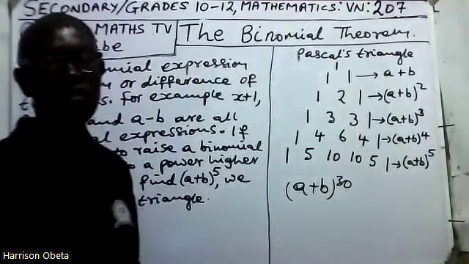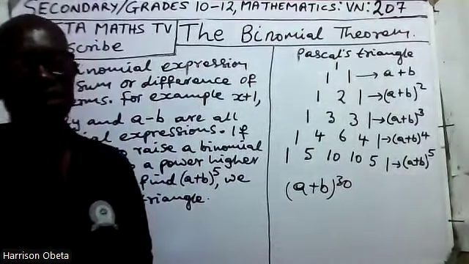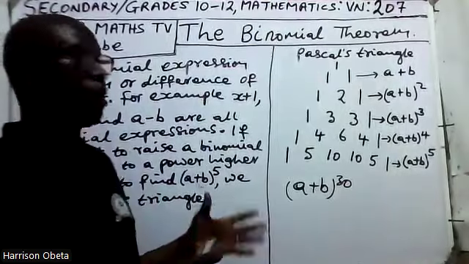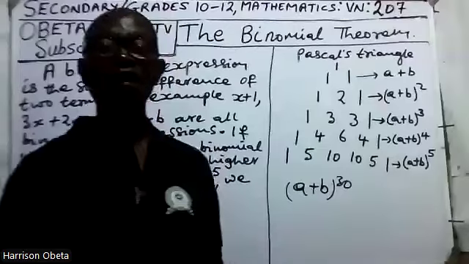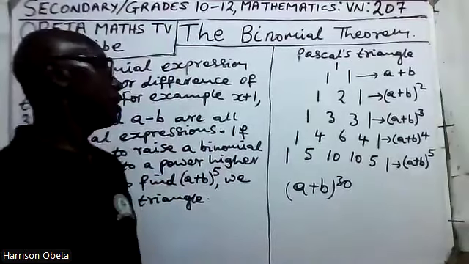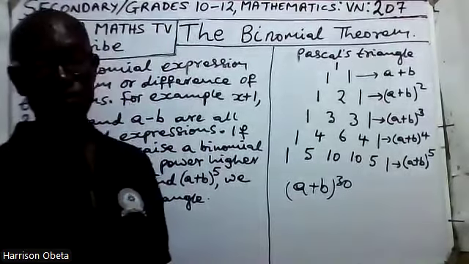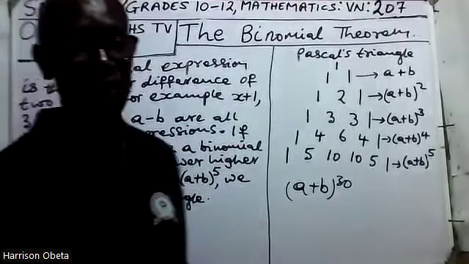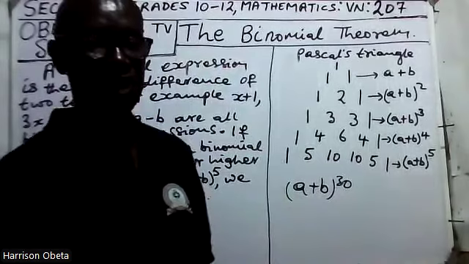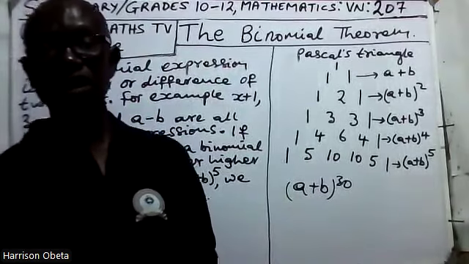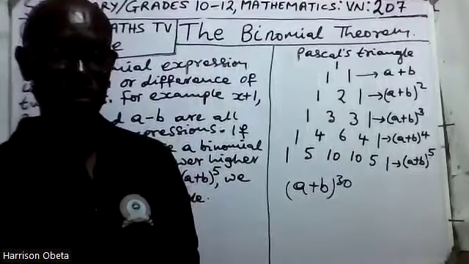In this case, you may not be able to use Pascal's triangle because the number will be large. Not that Pascal's triangle is wrong, but we use the binomial theorem, where we have a general formula that will help us to find some of the terms, depending on the number given us.